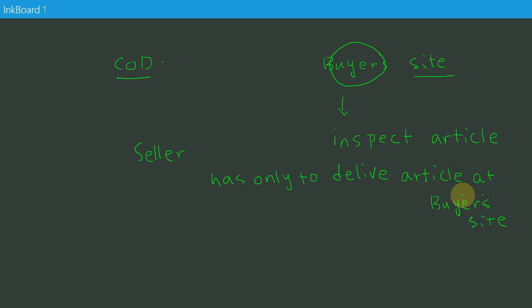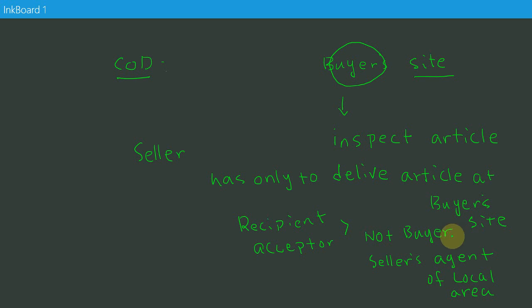Do not dispatch it directly to the buyer, but deliver it at the buyer's site, where the recipient, in this case, is not the buyer but the seller's agent at the local area. Local area meaning the buyer's site.